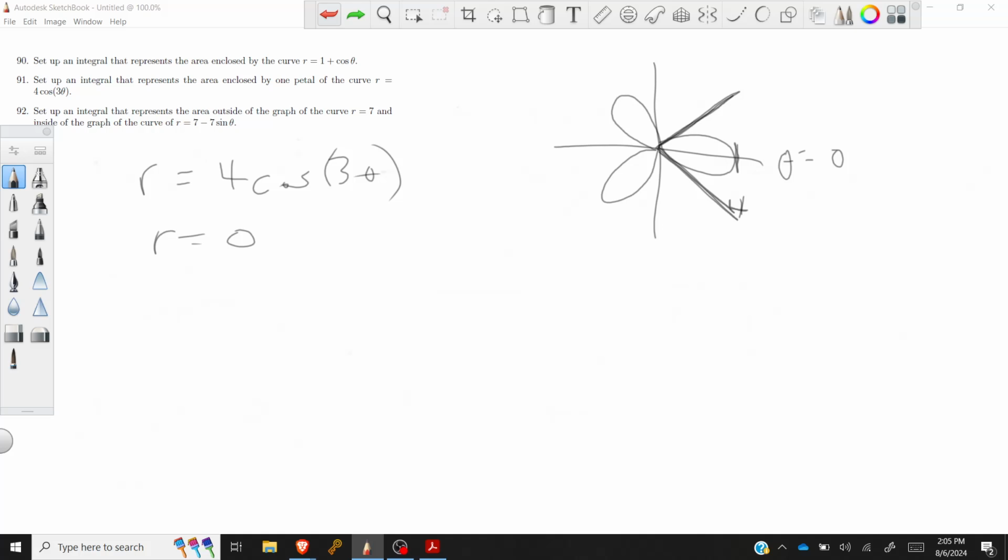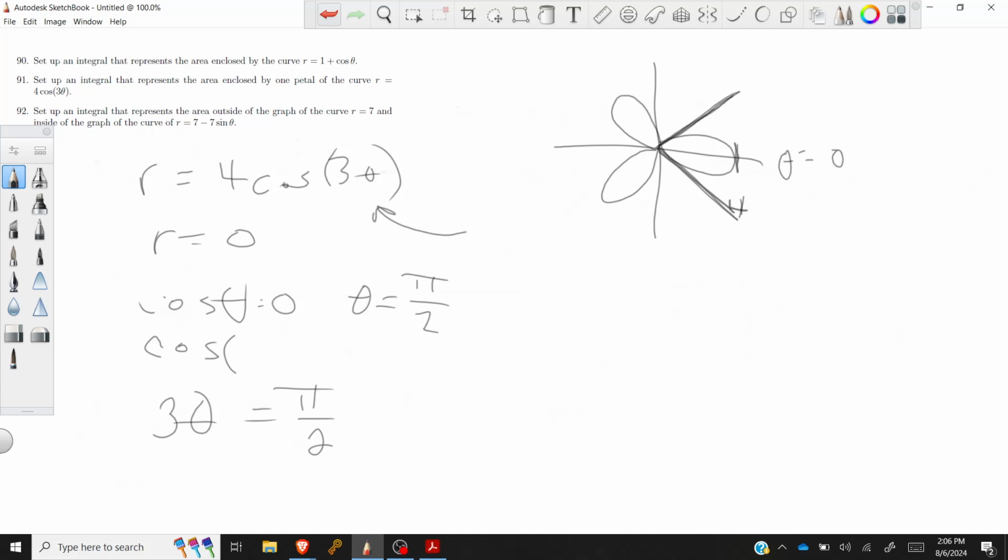We know that cosine of theta is equal to 0 when theta is equal to pi over 2. So let's set 3 theta equal to pi over 2. If this is easier, what you can do is substitute this inner part with some variable, solve the equation, and then replace your variable.